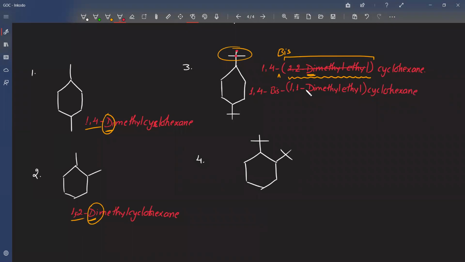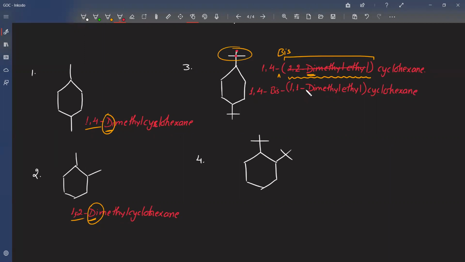Now I think the second one you can name easily. 1,2-bis(1,1-dimethylethyl)cyclohexane. Correct.